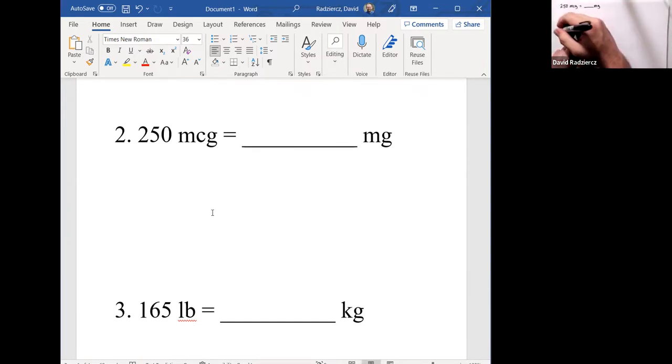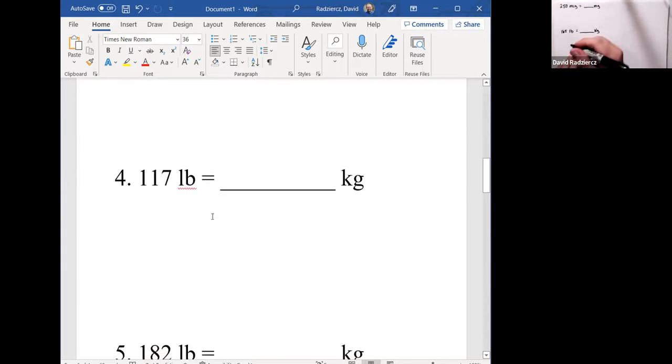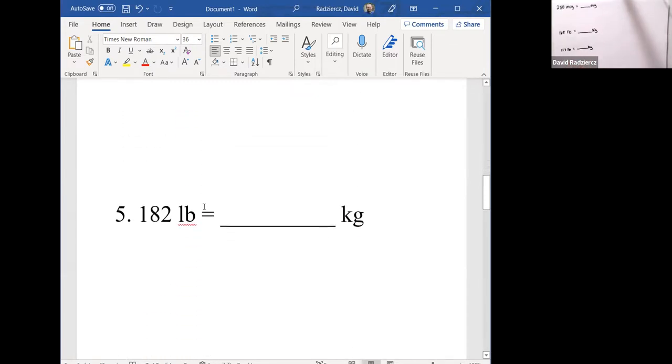And then the next question is 165 pounds is how many kilograms? And then the next question after that is 117 pounds equals how many kilograms? And then the last one is 182 pounds. How many kilograms?